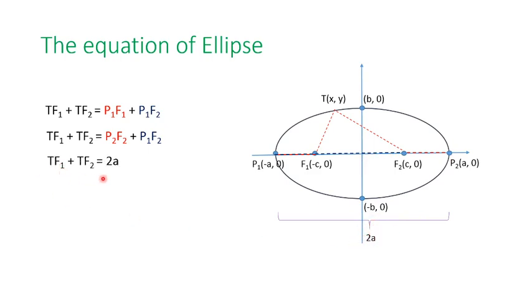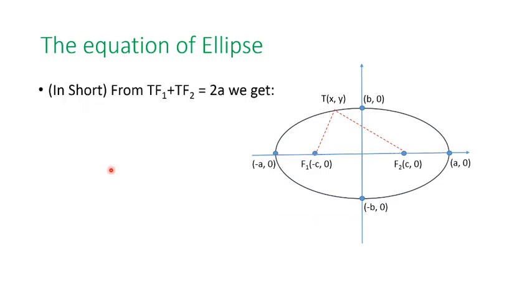Here I prove that the sum of the distances from any point to the foci will always be equal to 2a. Later we will not derive all of the equation, but in short, from TF1 plus TF2 equals 2a, we will get this equation. You can see the derivation completely in the book if you want. And at the end, you will have this equation.